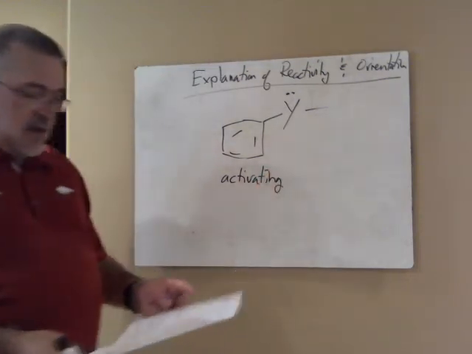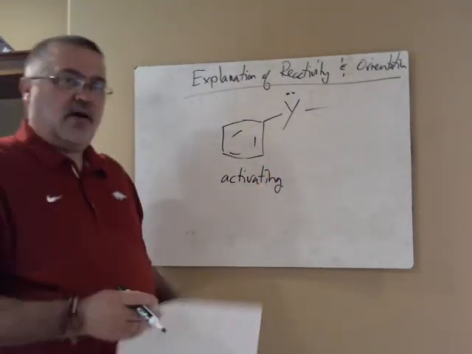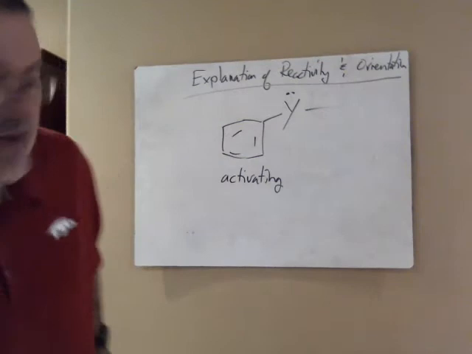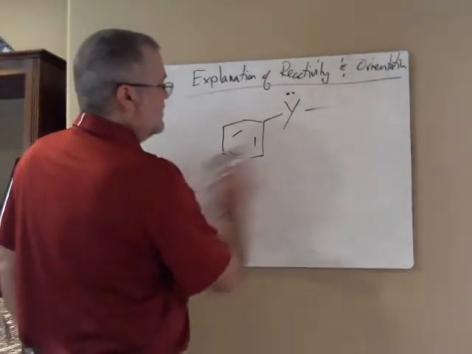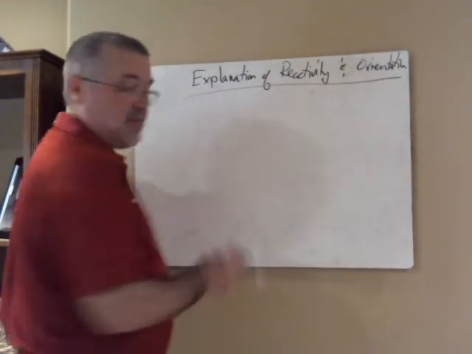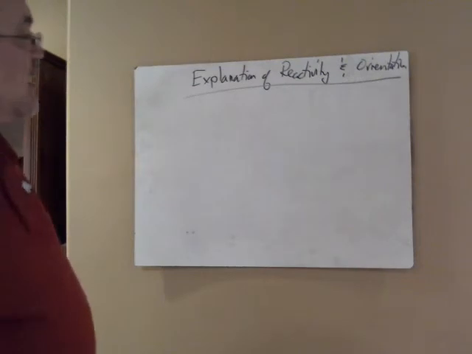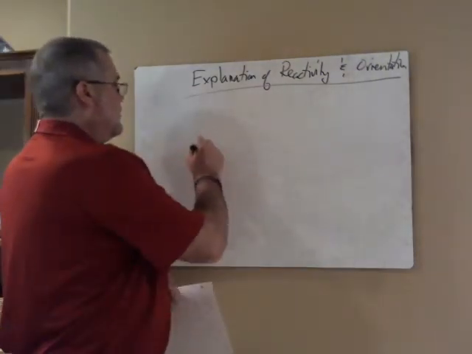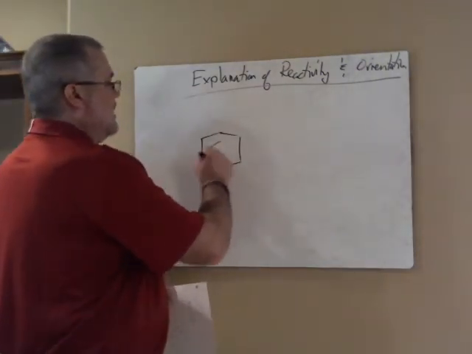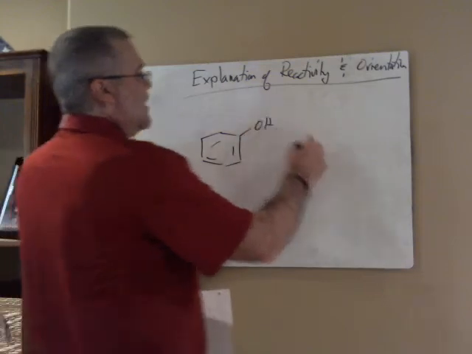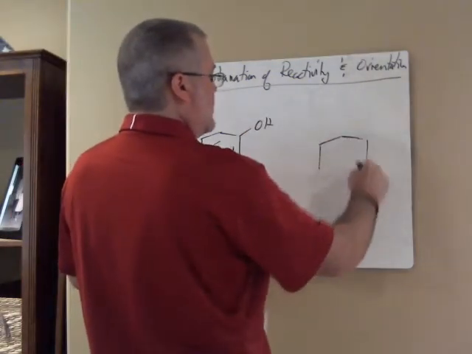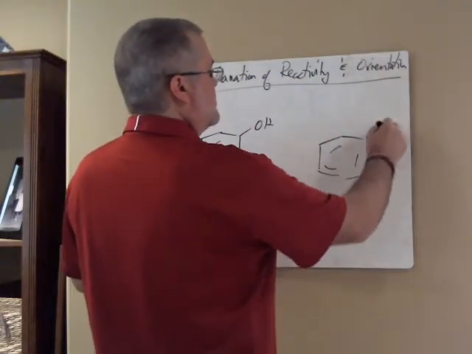Okay? Now, who noticed something as I went through this? I'm going to erase this because I know you can pause and go back and copy that down if you didn't get it quickly enough. And that is looking at an example like this. I'm going to draw this molecule twice.